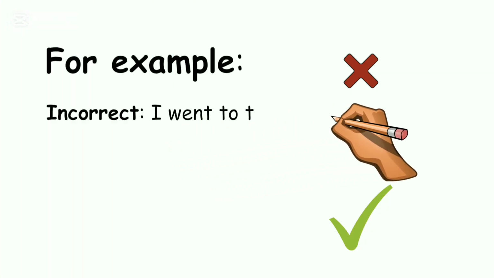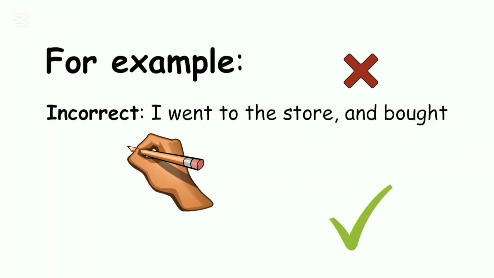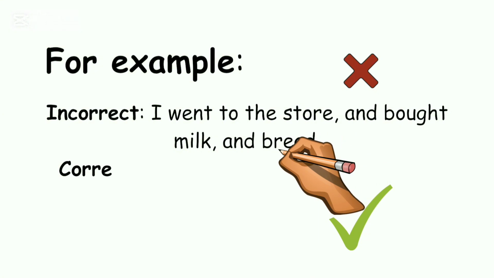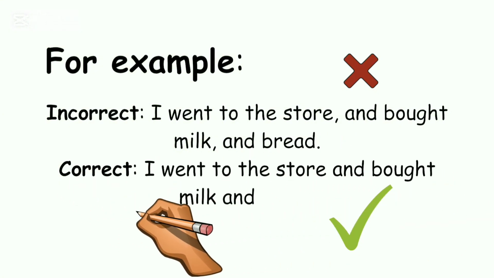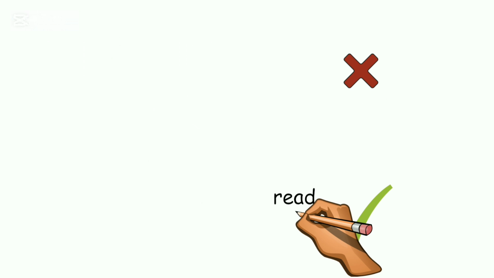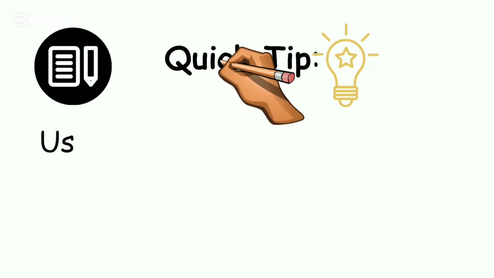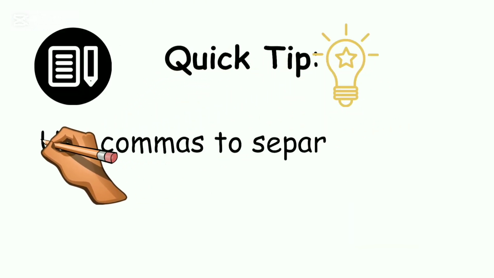For example, I went to the store, and bought milk, and bread is incorrect. The correct sentence is, I went to the store and bought milk and bread. Use commas to separate items in a list or clauses, but avoid overusing them.